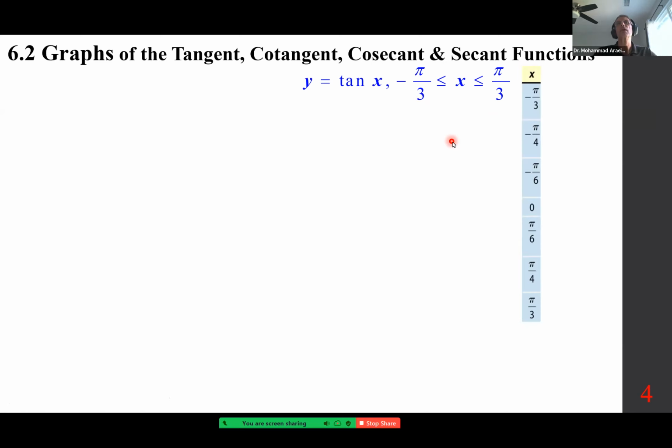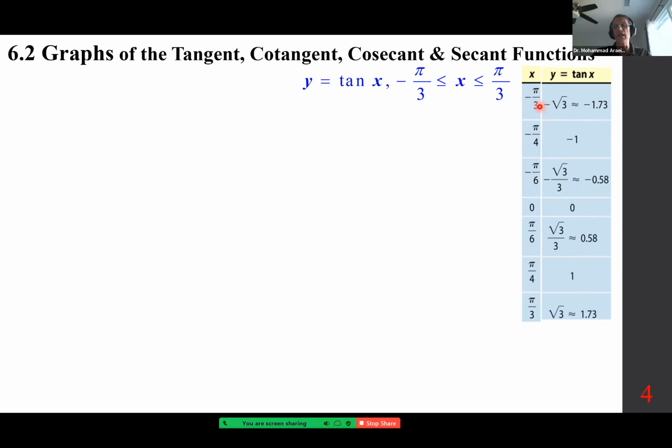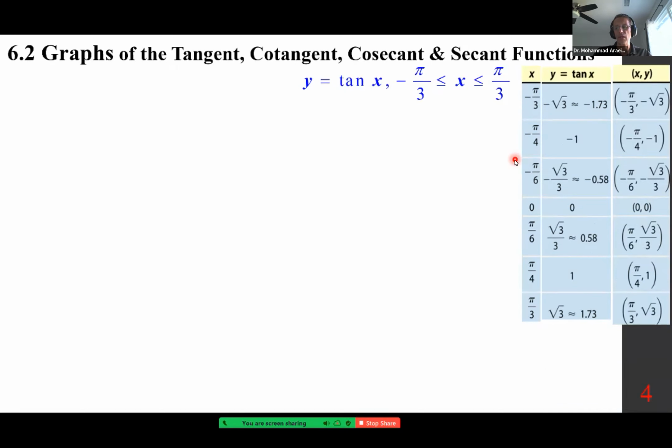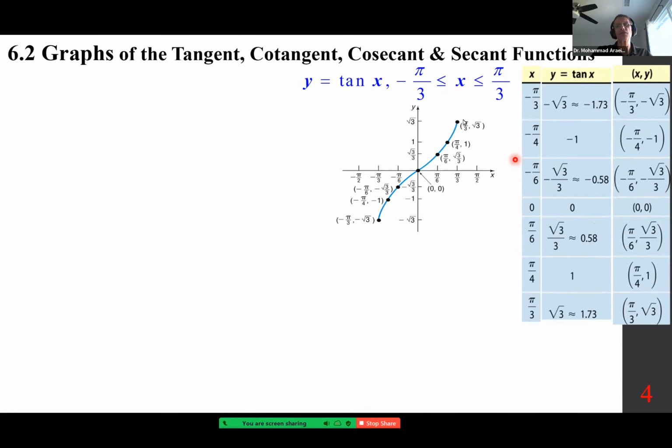So we plug in for negative pi over 3 is negative square root of 3, negative pi over 4 is -1, negative pi over 6 is negative square root of 3 over 3, 0 is 0, and the rest of them are the same but positive. And here's the approximation for the sake of the x and y coordinate to be able to graph. So if we graph those very carefully, it looks something like that.